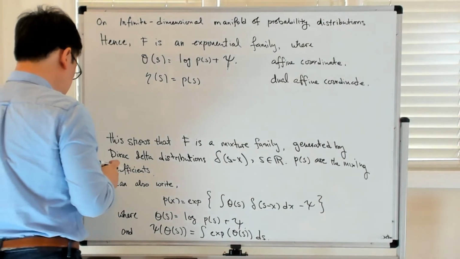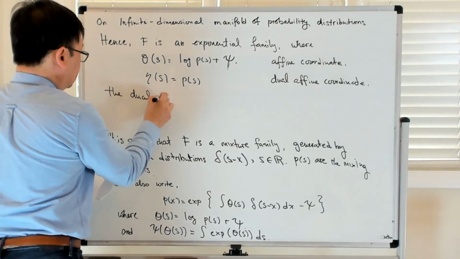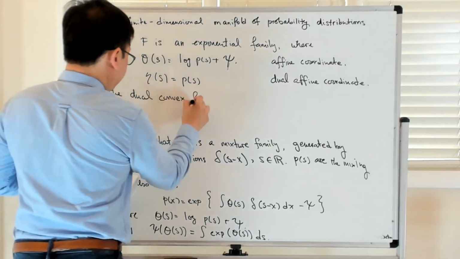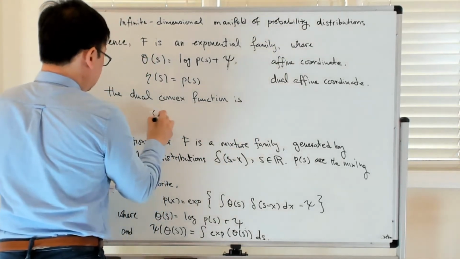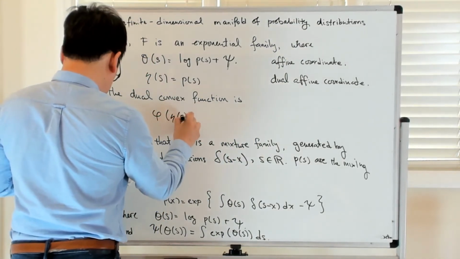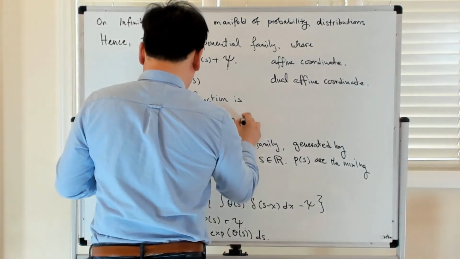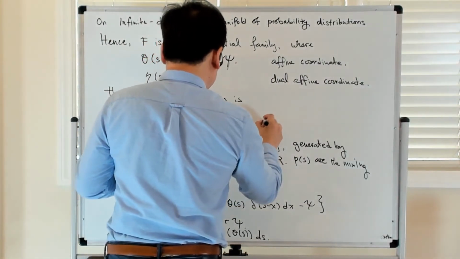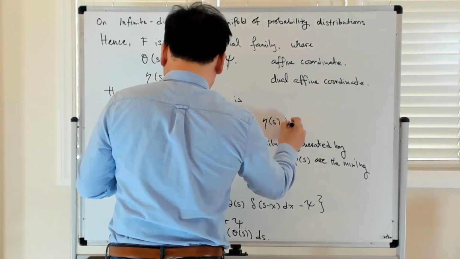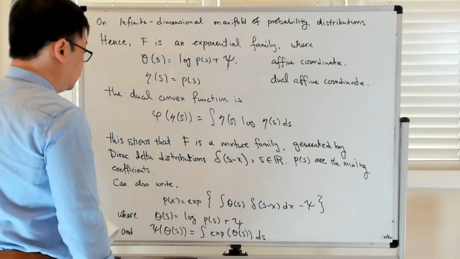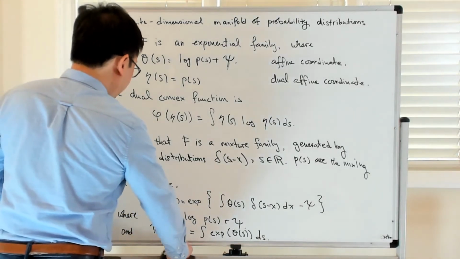Then the dual convex function is given by the following. So psi of eta of s is the integral of eta of s log eta of s ds, which is again this negative entropy, basically.